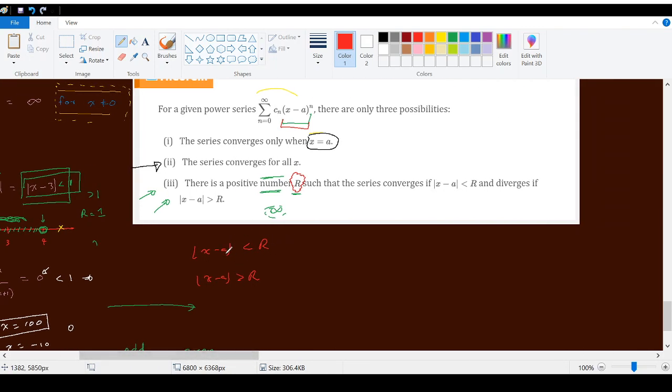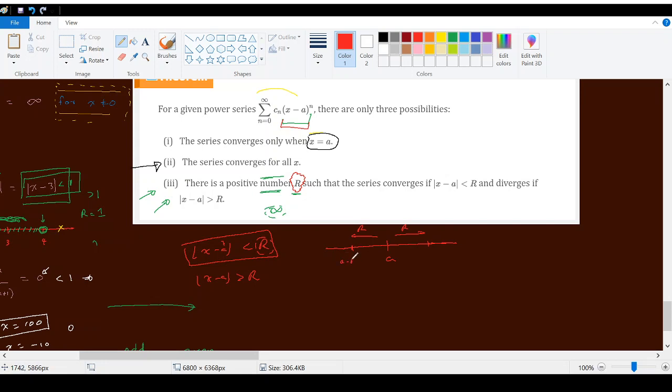Also, a good way to visualize this inequality is to draw the number line and mark this center point, and this means the modulus, the distance between x and a is r. So just draw a distance of r units and mark these two points.